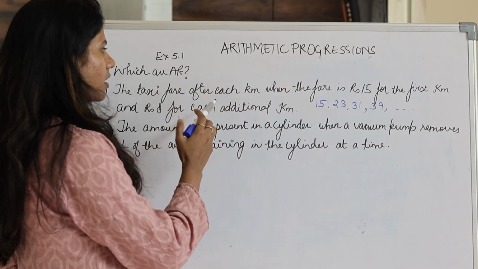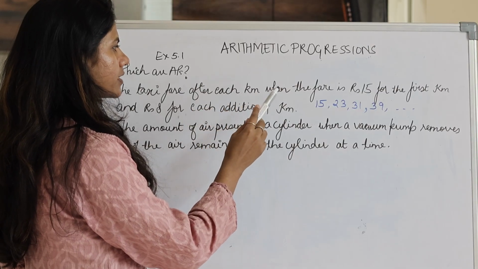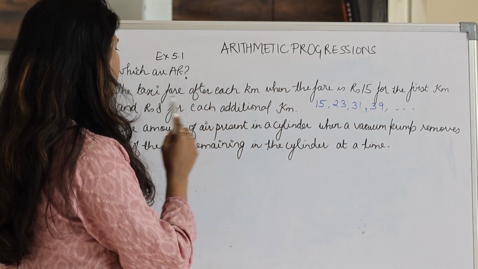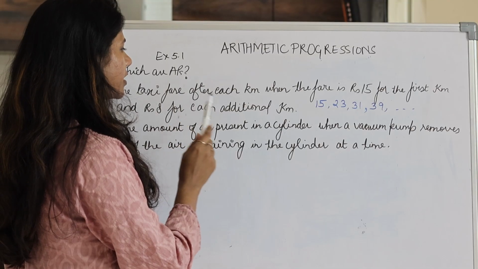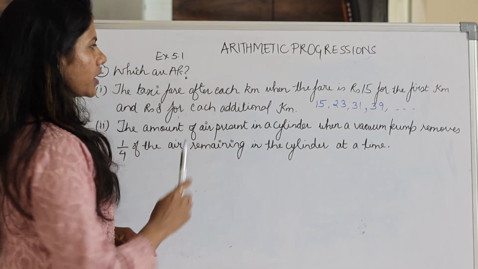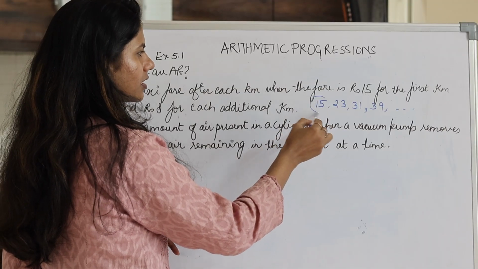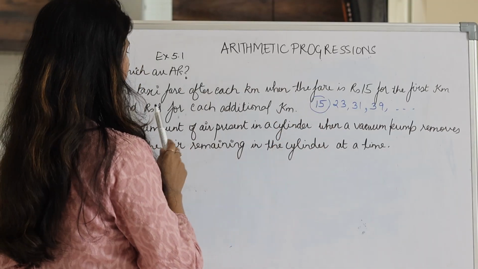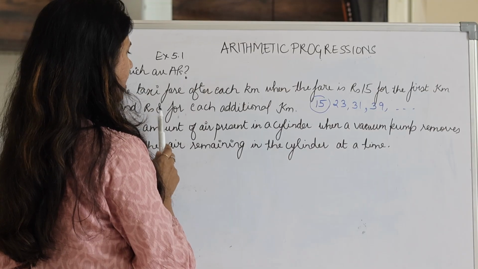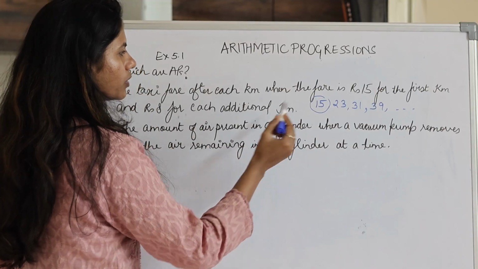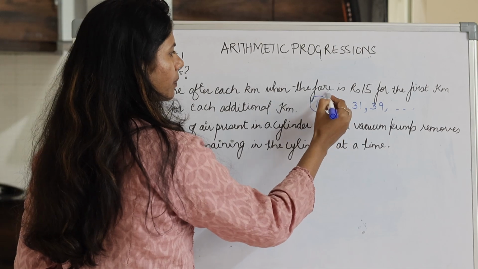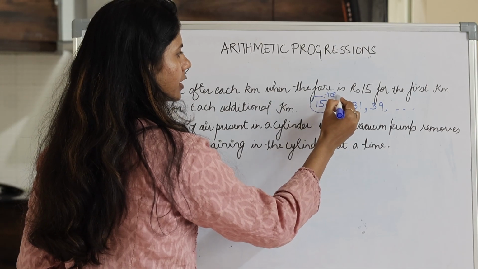The taxi fare after each kilometer, when the fare is rupees 15 for the first kilometer and rupees 8 for each additional kilometer. So the first kilometer fare is 15, and the difference is rupees 8 for each additional kilometer. For the next kilometer it will be plus 8, which is 23.